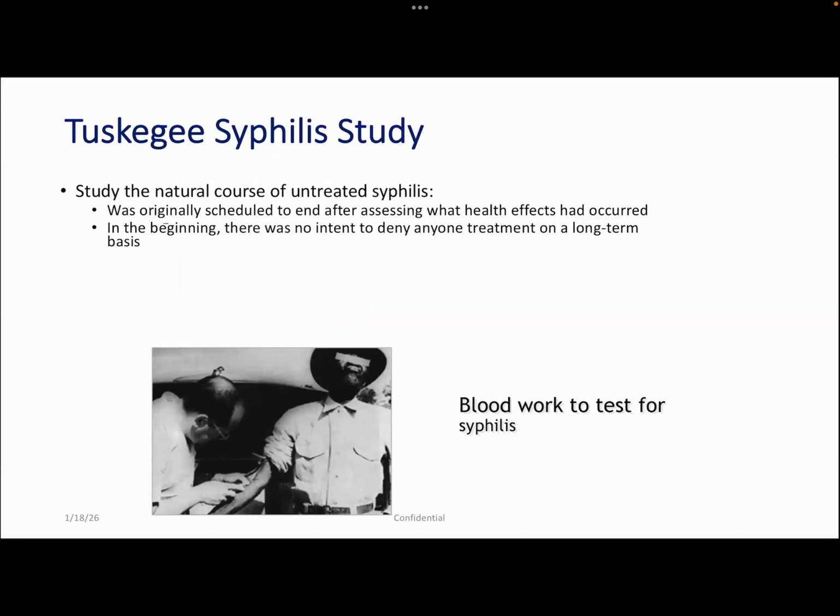Originally they didn't design it for 40 years. They just wanted to understand the disease and its health effects. But during the journey, they got greedy and continued it. In the beginning, there was no intent to deny anyone treatment on a long-term basis.